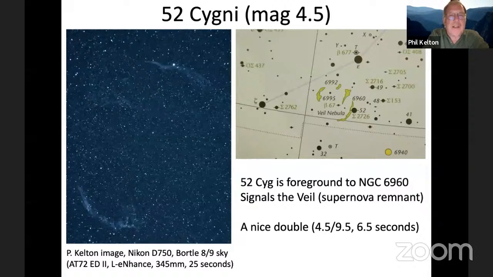But the last 2 years, I've done a lot of imaging of single 25-second exposures through several of my telescopes and through several filters. This is one I took with a 3-inch telescope through an Optolong L-eNhance filter with a 0.8x focal reducer, 25 seconds.